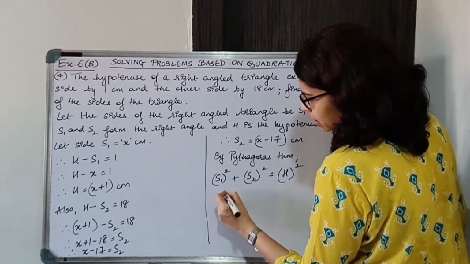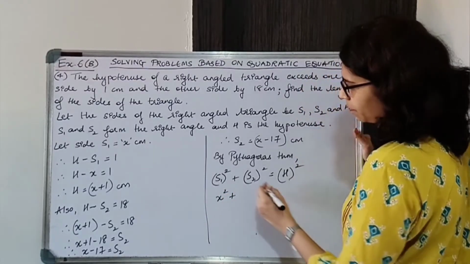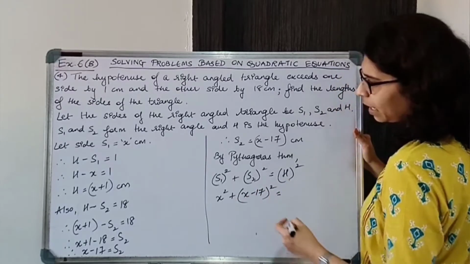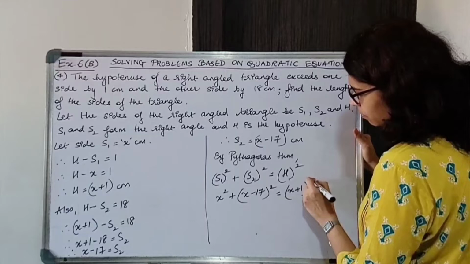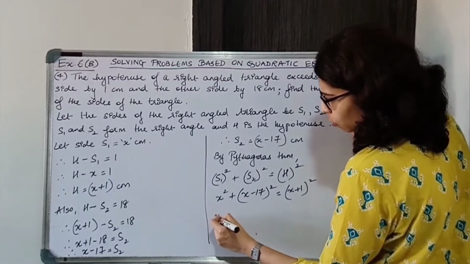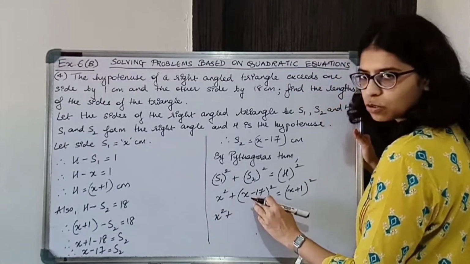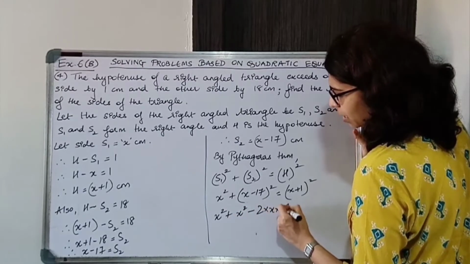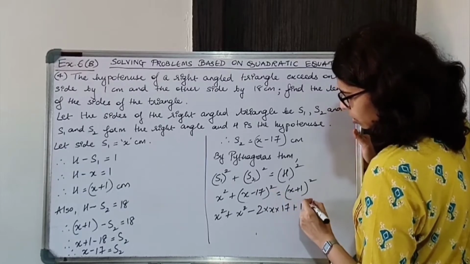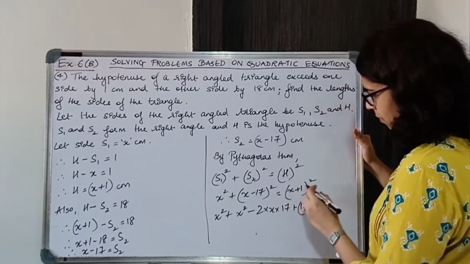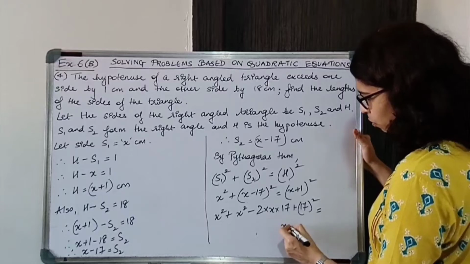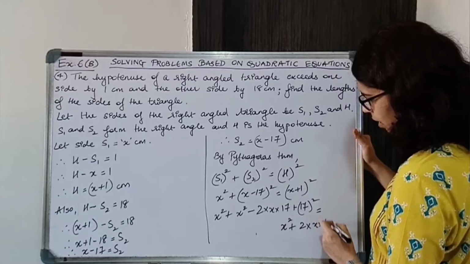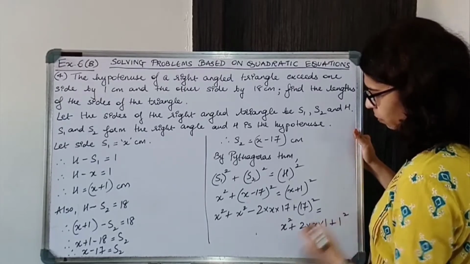s1 is x, so x square, s2 is x minus 17, so square, and this is x plus 1 squared. So open the brackets, a minus b the whole square, so a square minus 2ab plus b square is equal to a square plus 2ab plus b square.